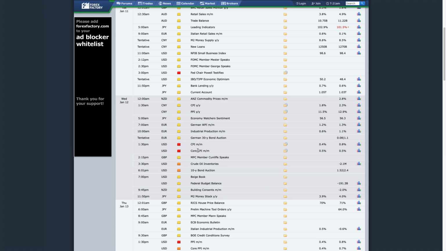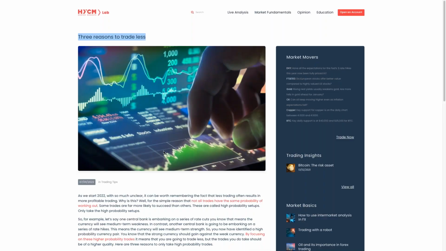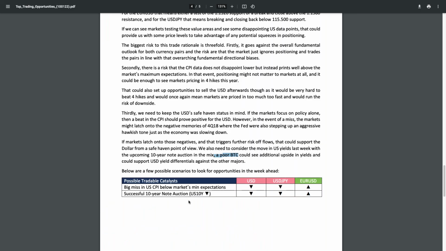So if we see inflation print very, very high, this is how to trade it. If it comes in really high, then we're just going to expect a little bit more dollar strength, but we're not expecting that dollar strength to keep coming on. You might see a dollar sell-off. Why? Because look, 3 hikes already priced in.